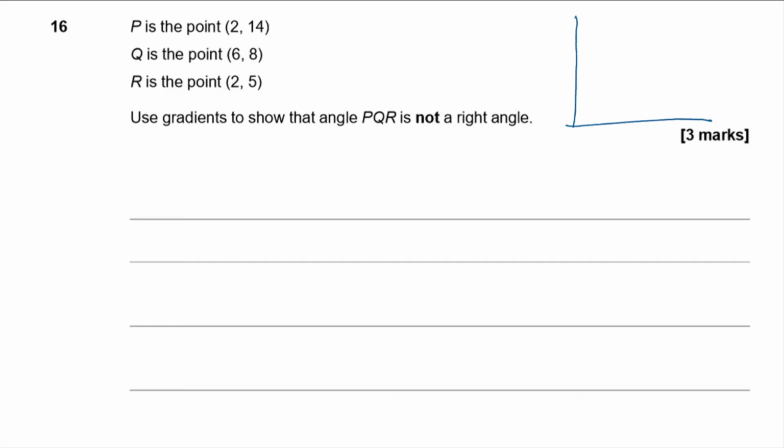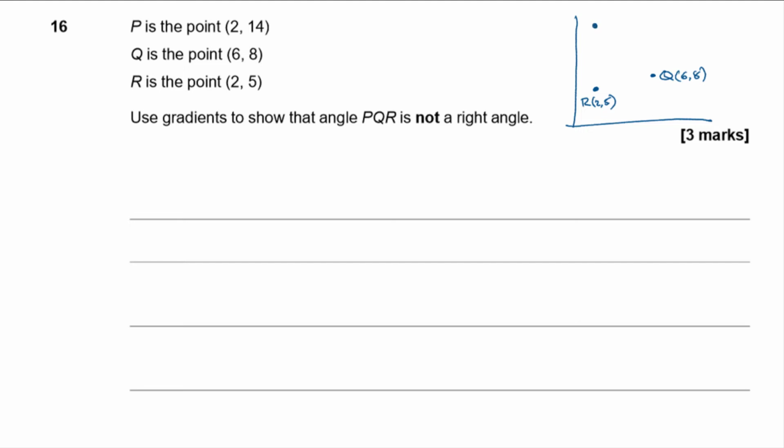So I've got the point (2, 5), so that's going to be R. And then I've got Q, which is (6, 8), so 4 further along and a little bit higher up. So that is Q at (6, 8). I've got P at (2, 14), so that's above R, quite a lot higher up.